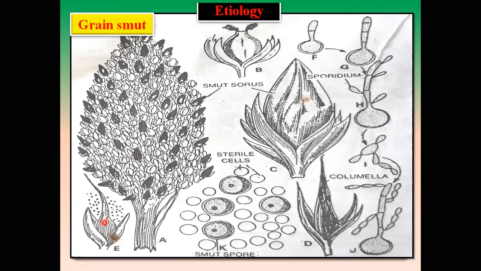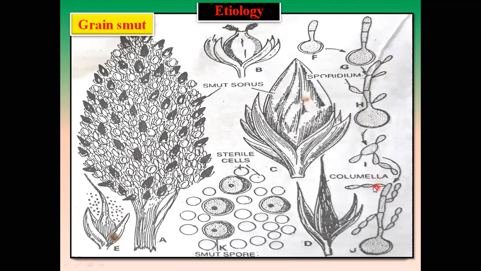Okay, so the spores in this infected grain germinate under favorable conditions and produce the four-celled promycelia. This is the 1, 2, 3, and 4. This four-celled promycelium produces the basidiospores or sporidia.